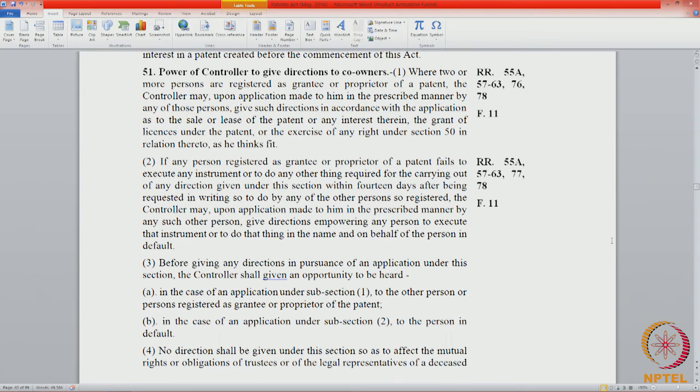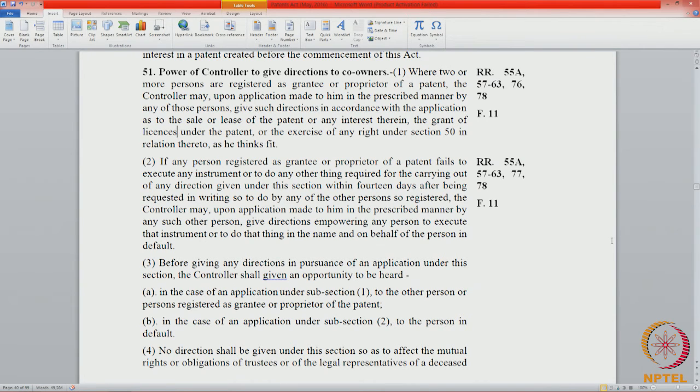Now, there could be many instances where one of the co-owners may approach the controller. For instance, of the three co-owners, the example which we were discussing before, A, B and C, A wants to license his patent to a third party. B and C do not give consent for such a license.